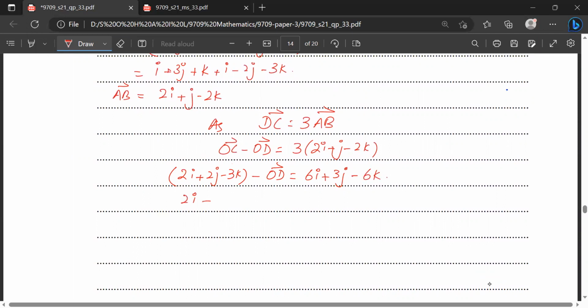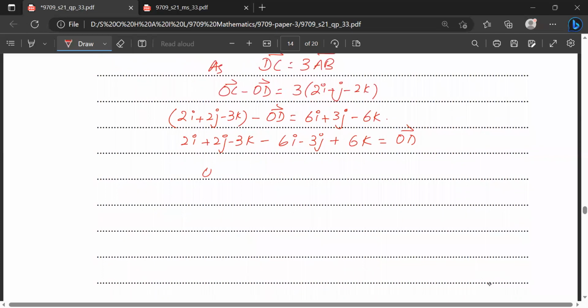So 2I plus 2J minus 3K minus 6I minus 3J plus 6K, simple algebra, gives OD. So finally, OD is 2I minus 6I, which is minus 4I.